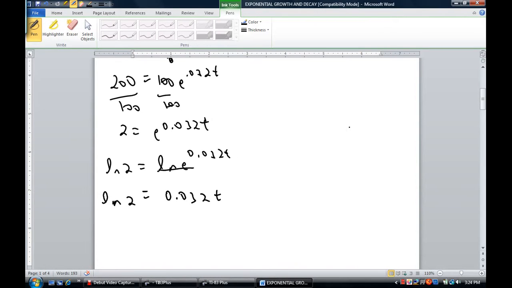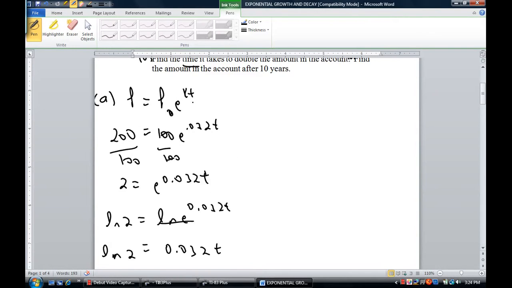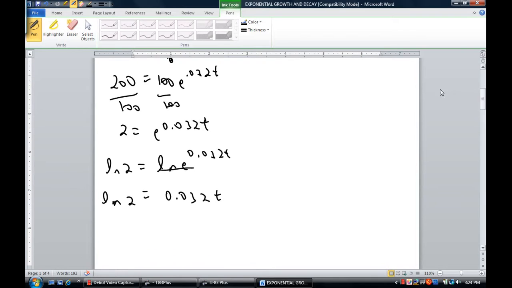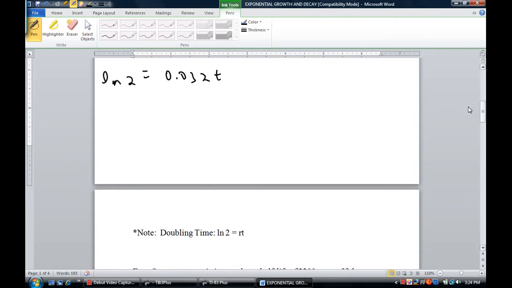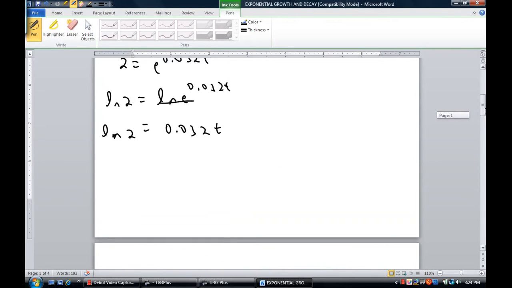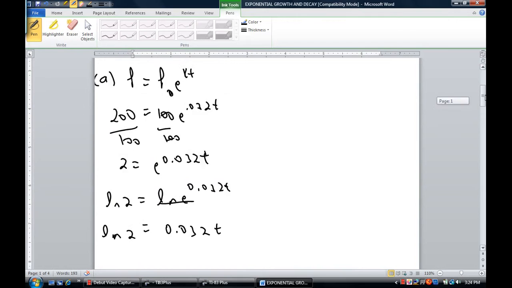Remember, this exponent is kt. So we actually could have bypassed all this because it's going to be the same thing over and over again, and could have just used this doubling time formula. The natural log of 2 equals rt. Remember the r in the problem was 3.2%, as a decimal is 0.032. It's always going to end up being this. So it's just something you may want to keep in mind. You may forget it, but something worth remembering to save some time.